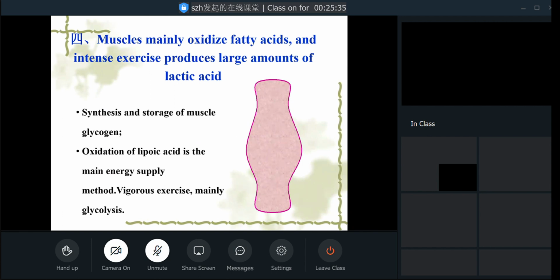As we studied, the muscle mainly oxidizes fatty acids. Intensive exercise produces a large amount of lactic acid, and the muscle synthesizes and stores glycogen. Oxidation of fatty acids is the main energy supply.